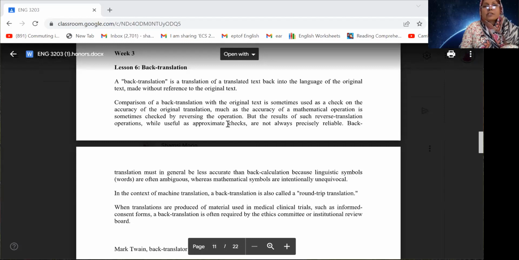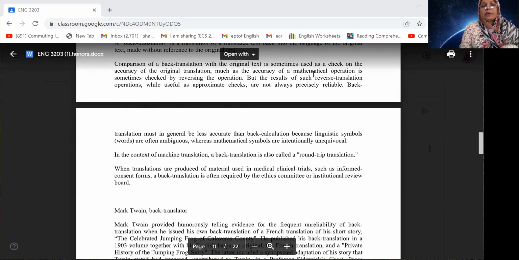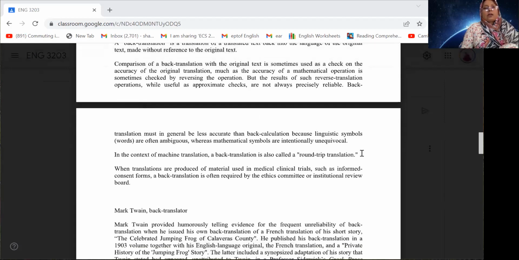Comparison of a back translation with the original text is sometimes used as a check on the accuracy of the original translation. Comparison of a back translation with the original text is done to find out the accuracy of the original translation.